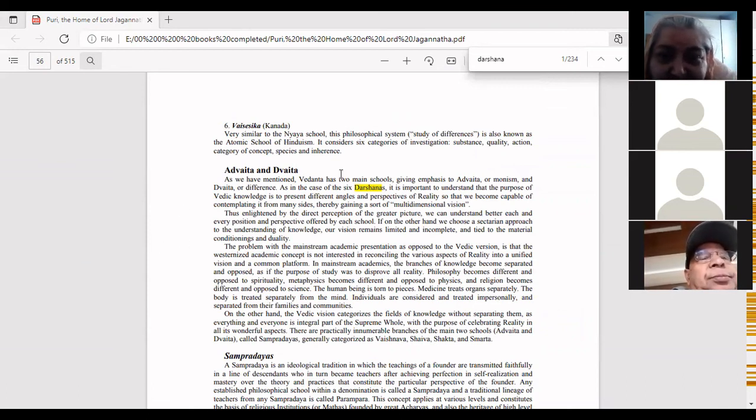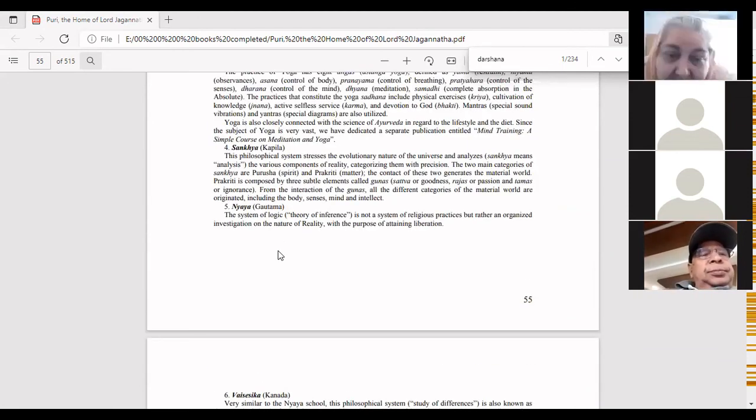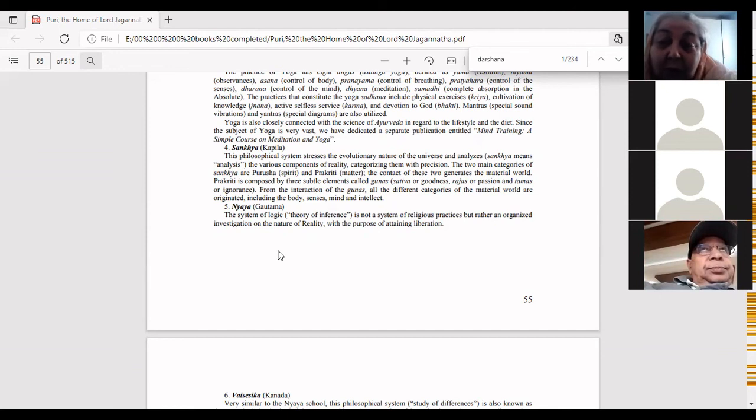Vaisheshika is very similar to Sankhya, but it's more materially scientific. And Nyaya is about logic. So if you actually use your intelligence in the proper and correct way, with the proper techniques, the proper knowledge and everything, you also attain the proper darshana or view of reality. These are all approaches from which we see reality, the Brahman.